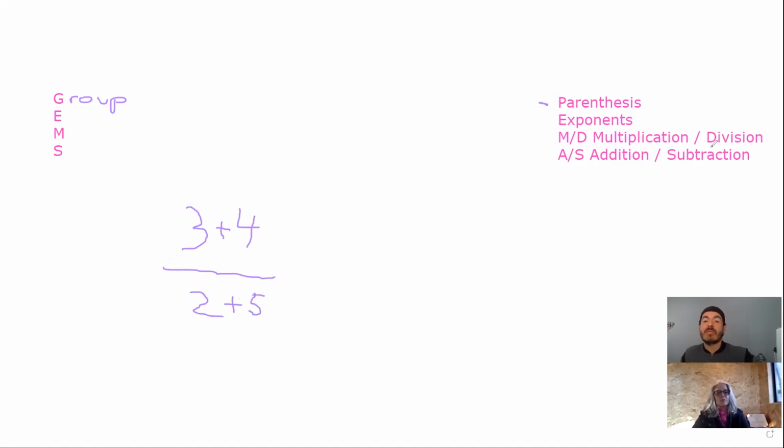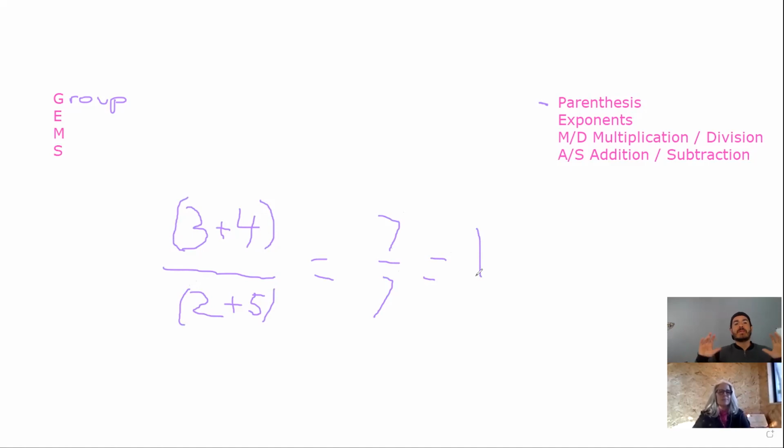And division is going to come before addition. However, if there are operators going on either above or below that fraction sign, we assume that there's a group here. But the mathematician might not always write it in. So this addition needs to happen before the division does. So I would do the addition first, 7 over 7. Then I could do the division. 7 divided by 7 is 1.